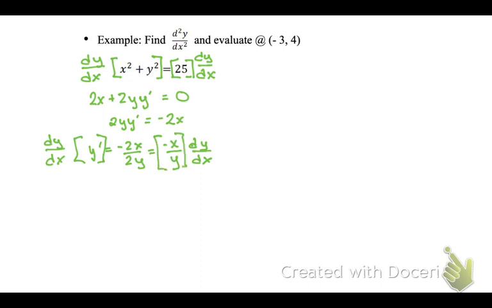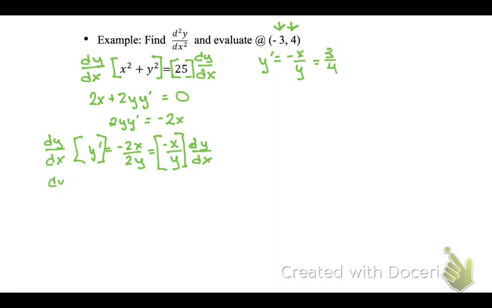Okay, we have a problem. We need the derivative of y prime, but we don't know what y prime is, do we? No. So y prime was negative x over y. Well, don't we have an x and a y? Yeah. Okay, so we plug it in. Negative and a negative is a positive and a 4.